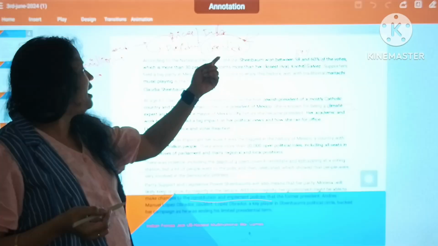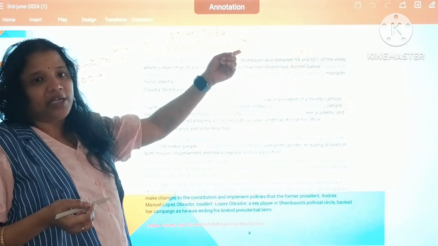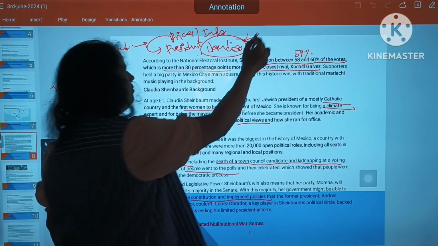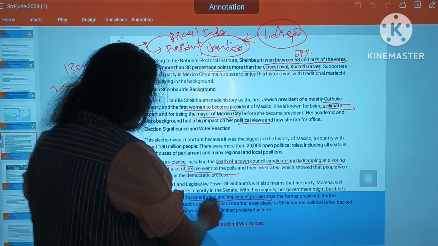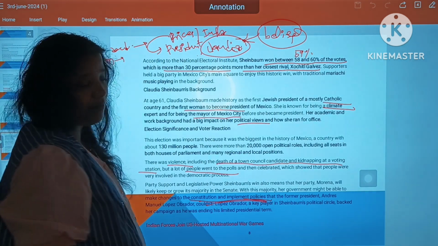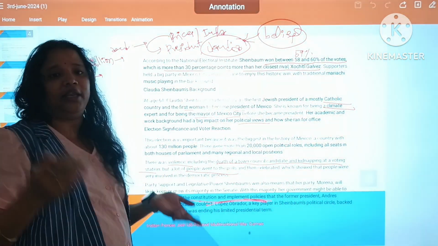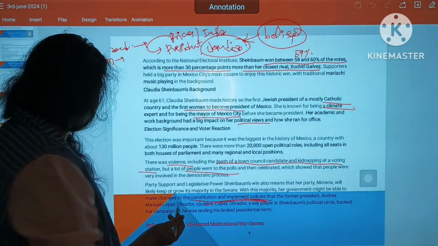The same should not happen with Claudia, because the people have belief in her. They believe that the country's constitution and the implementation of her policies will be in a very good way, so that they don't suffer at any cost. They need not agitate against the government.